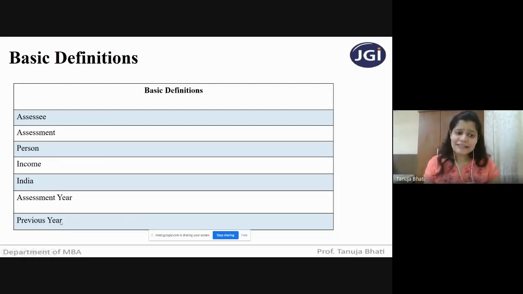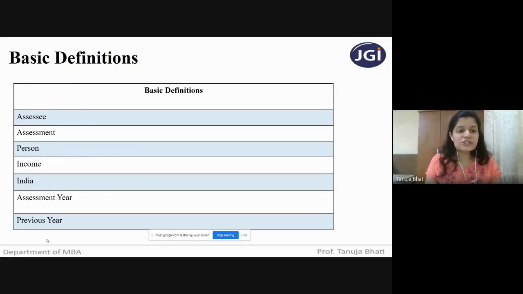Next, assessment year. Assessment year is succeeding the previous year. When I say previous year is 2020-2021, assessment year will be succeeding the previous year, that is, it will be 2021 to 2022. Now, what is the meaning of assessment year?